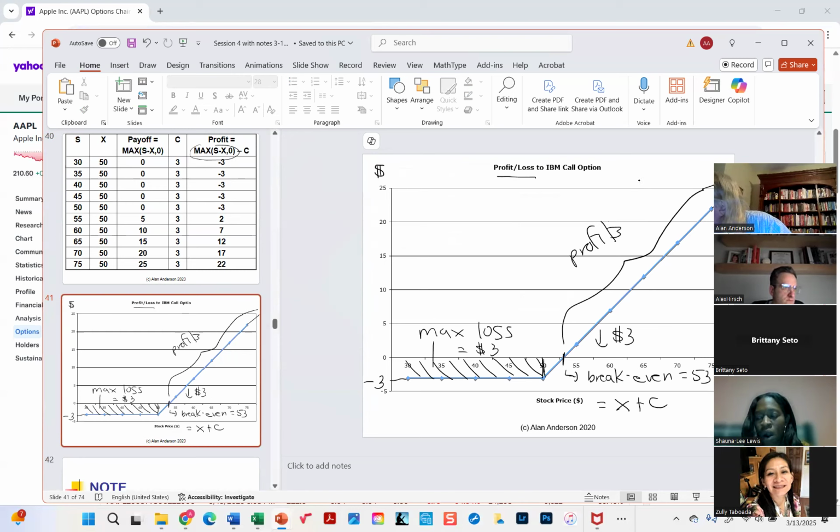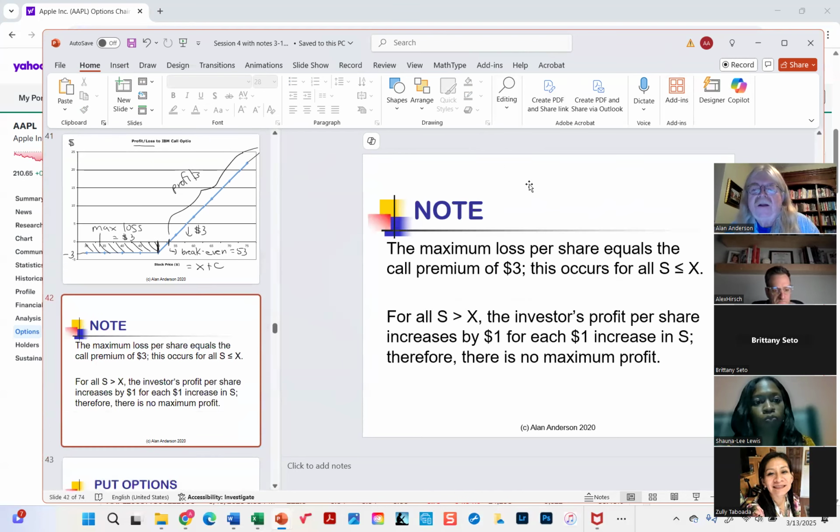We have the 50 strike here, and then we have a break-even point, which is $53, which means the price has to go up $3 to cover the cost of the premium. After that, it's all profit. Okay, we like that, right? All profit. So that's the profit or loss of the call option.